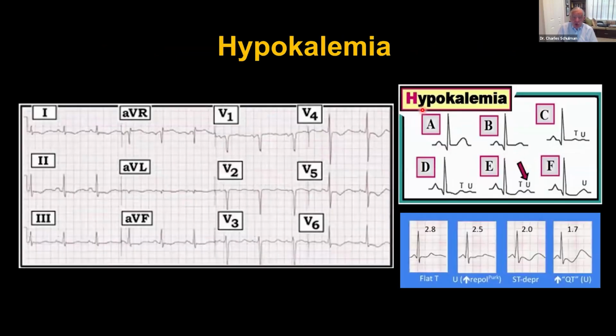Here's hypokalemia. We looked at hyperkalemia. This is hypokalemia, and you get these diffuse ST depressions, T wave inversions, and prolonged QT, which becomes more progressive as the potassium is lower and lower. And it goes from here to here to here to here.